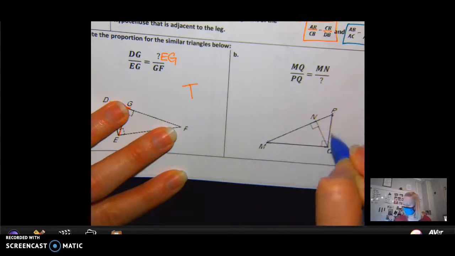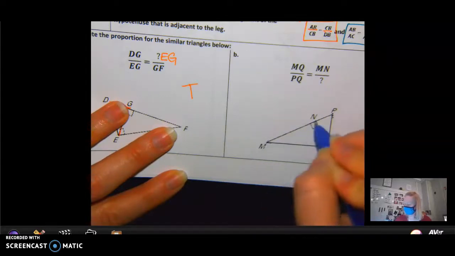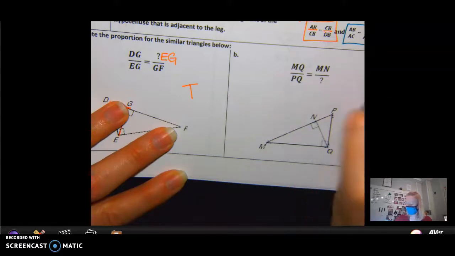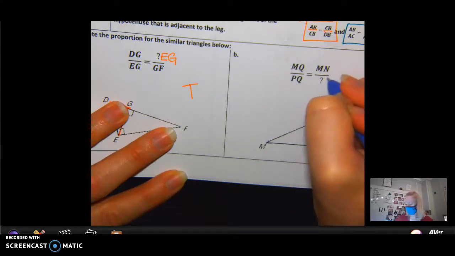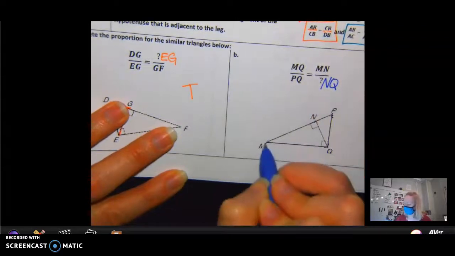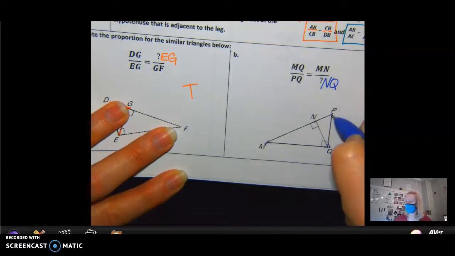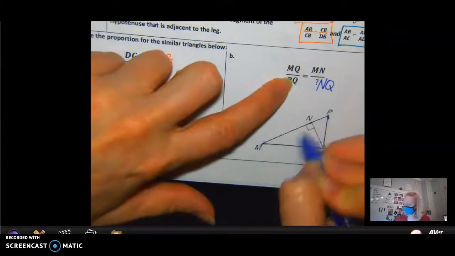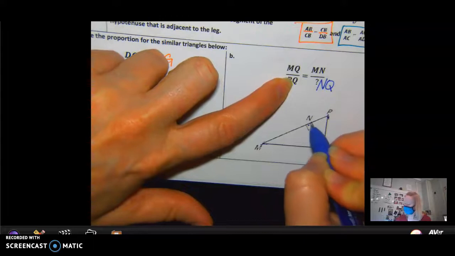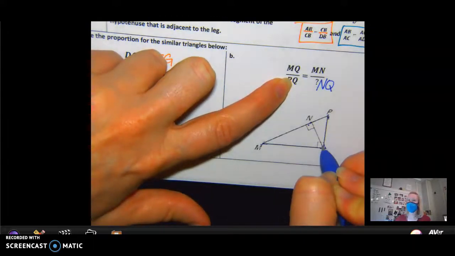Medium side over small equals medium side over small. So what would it be? NQ. So again, medium side of large over small side of large equals MN, the medium side of the medium, over the small side of the medium.